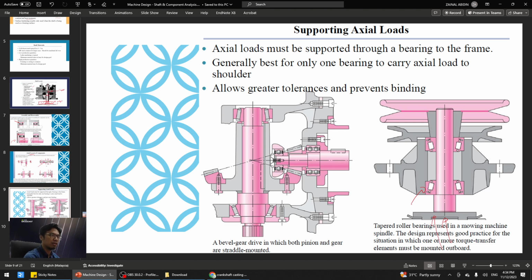So you must consider your design of shaft must use a tapered roller bearing so that your shaft can withstand axial load rather than using ball bearing. Okay, ball bearing cannot stand with the axial load, but the tapered roller bearing consider the best to apply for the axial load.